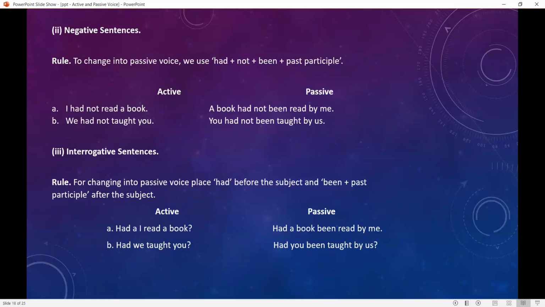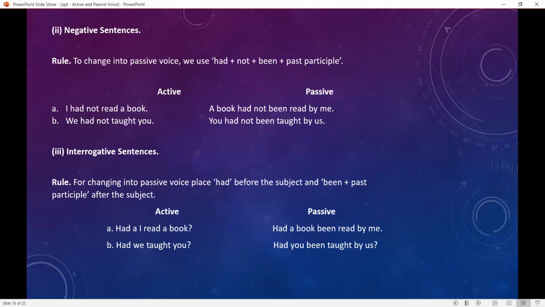Now under the interrogative sentences, the rule for changing into passive voice is to place had before the subject and been plus past participle after the subject. How does it work for active and passive now?